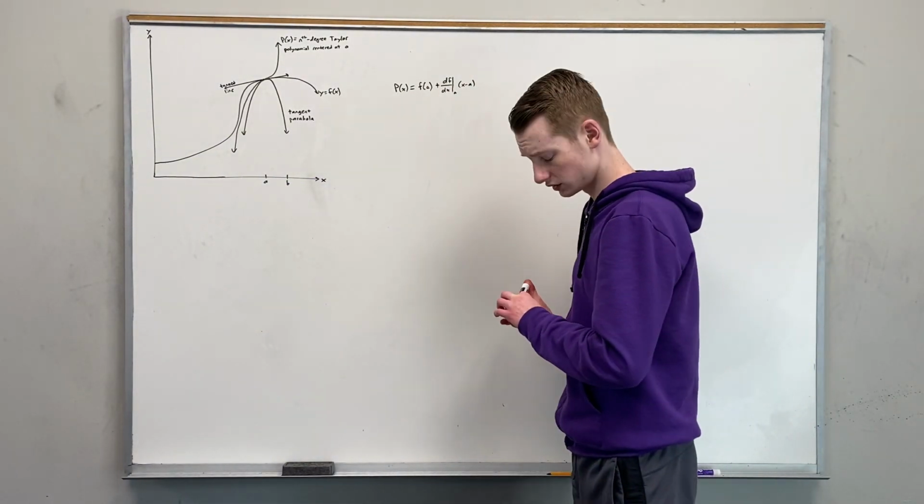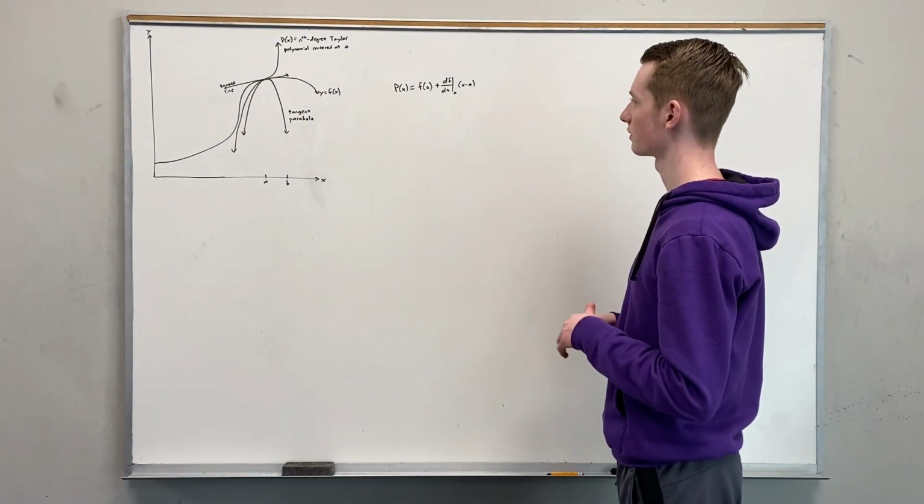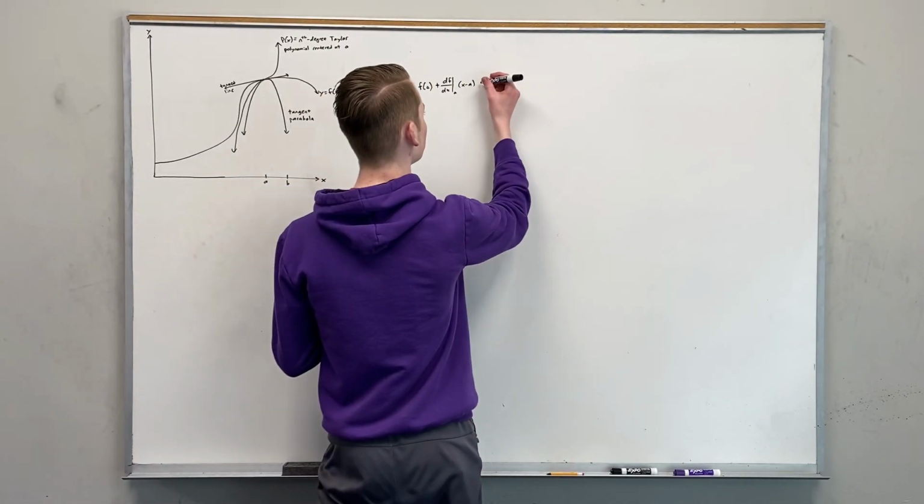So what if I wanted to turn this into a tangent quadratic? We're going to need a second derivative term somewhere in there. Here's how we'll do that.